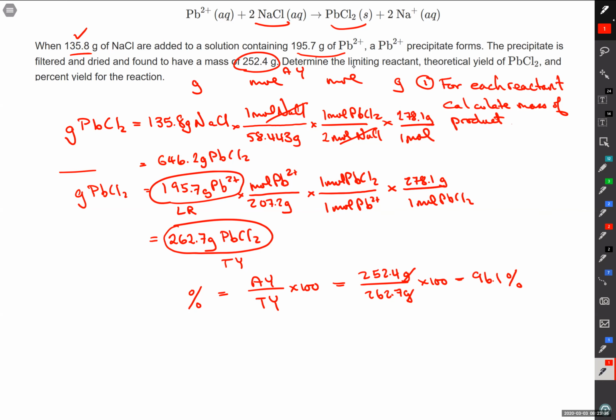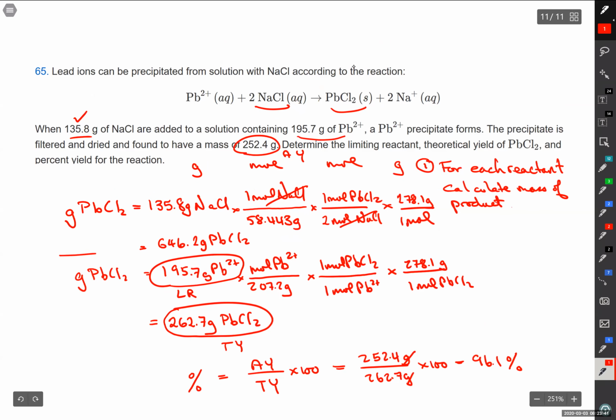If I told you how much lead chloride you could get from one number, and how much sodium you could get from the other, you couldn't compare them because they have different molar masses. You have to go to the same thing. Apples and apples.